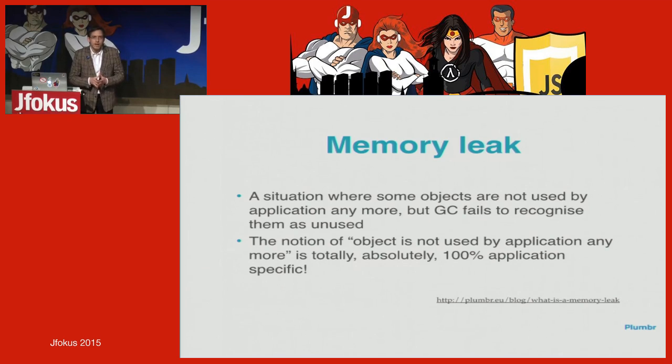Essentially, these are alive objects that will not be used. And the problem with solving memory leaks is that the notion of whether your application will use objects or not is totally application specific. You cannot, in the general case, decide that in advance from the outside. That's your business logic.